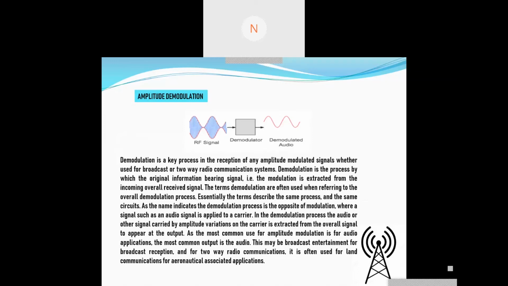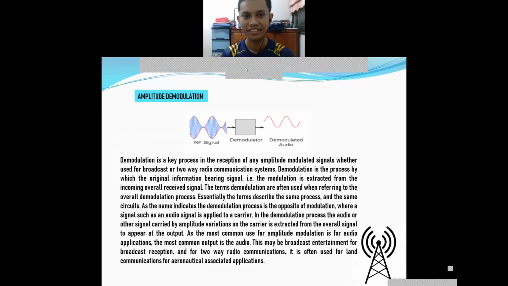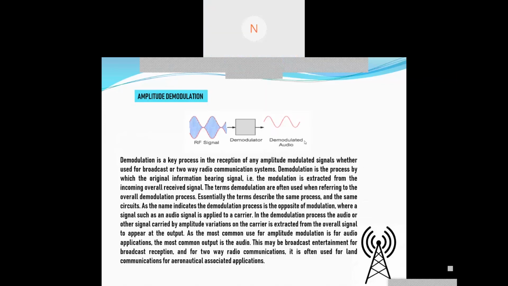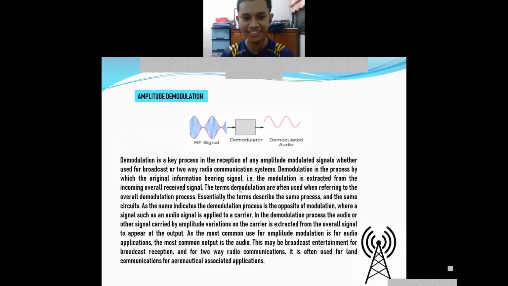On the receiver side, the modulated signal received is converted back to the original. This process is called demodulation. Demodulation occurs in the receiver. The network used for the modulation process is called a modulator, while the network used for the demodulation process is called the demodulator.